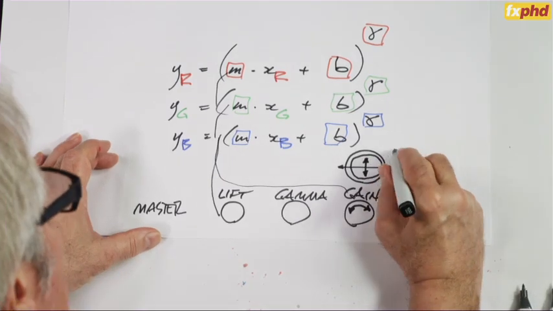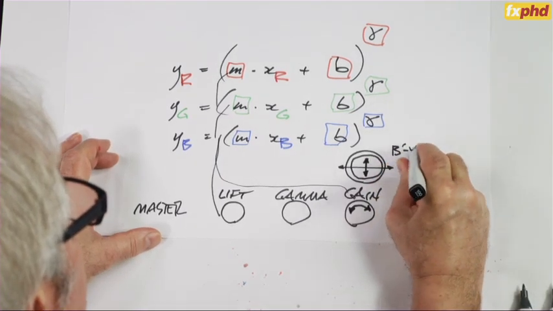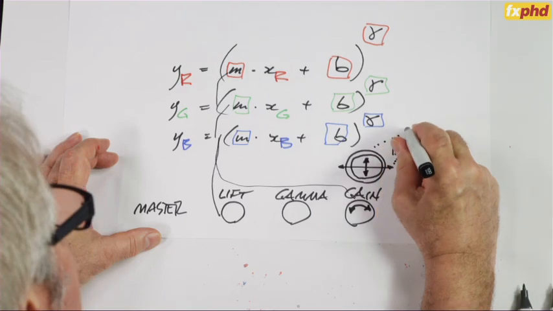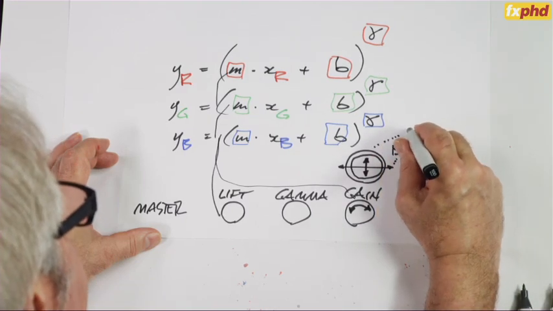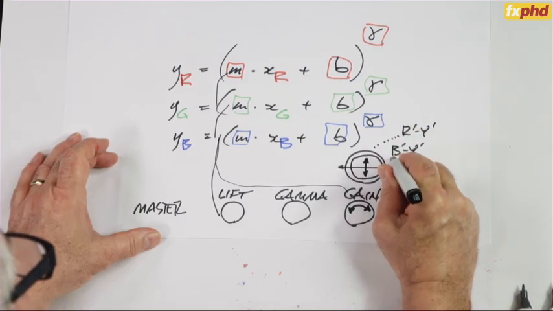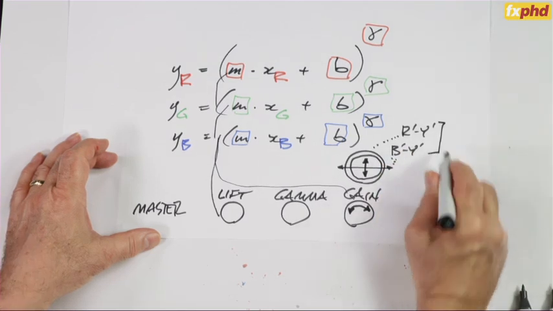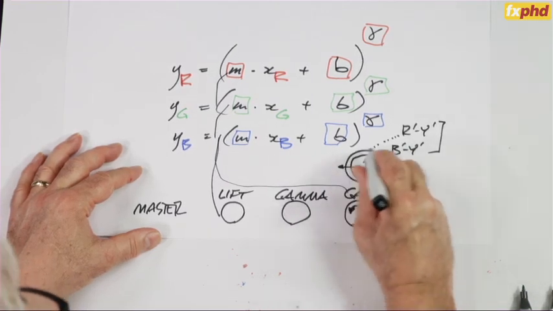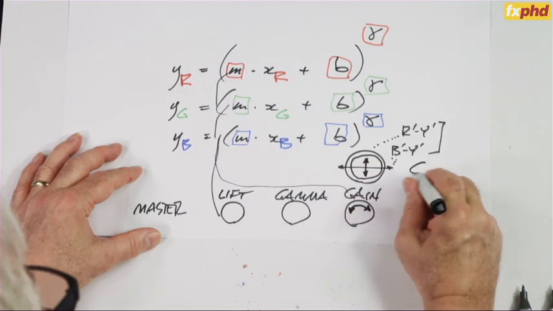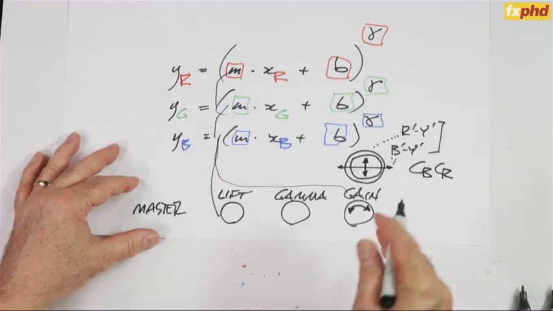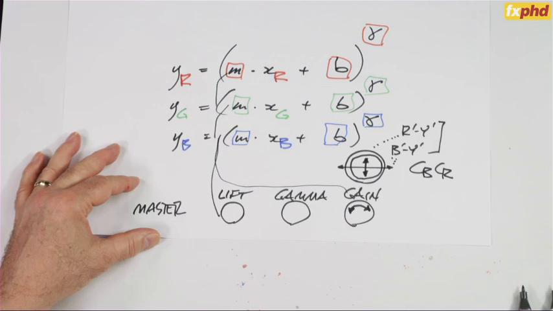And this is exactly equivalent to the B prime minus Y prime on one axis and R prime minus Y prime on the other axis that I showed you in luma color difference encoding. So this space of making these differential equations is very much like operating in CBCR space. And so this is why I inserted the CBCR class in front of the grading class.